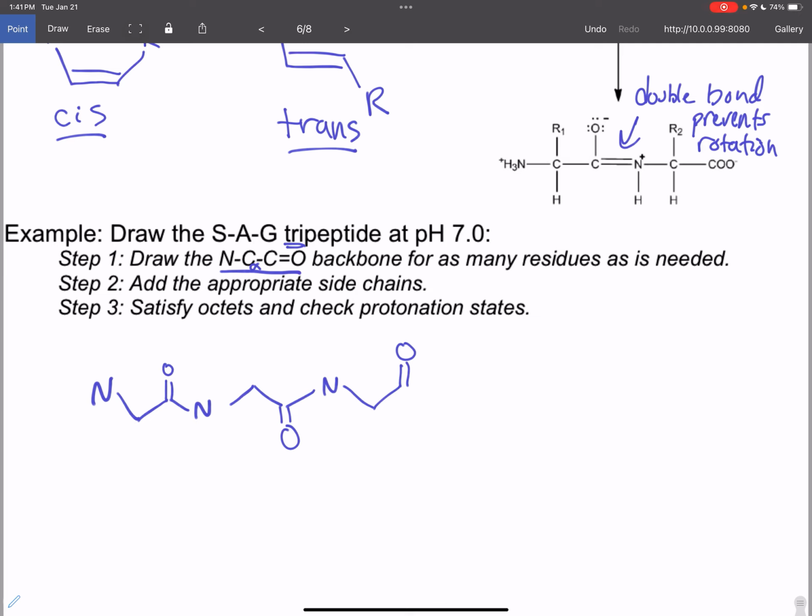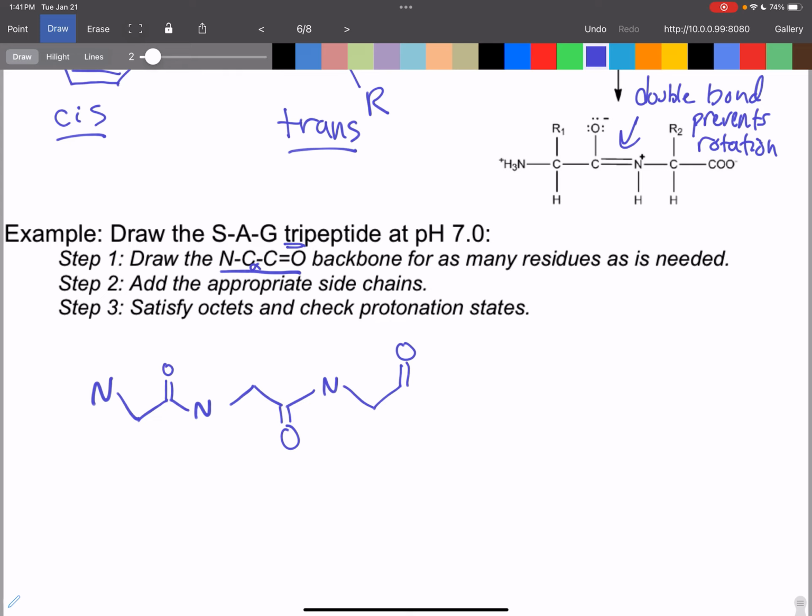So that gets us step 1, but step 2 is to add the appropriate side chains. And so again, you don't have to memorize what the side chains are, but you would be given a structure list and you'd have to recognize that S would be serine and A would be alanine and G would be glycine, for example.